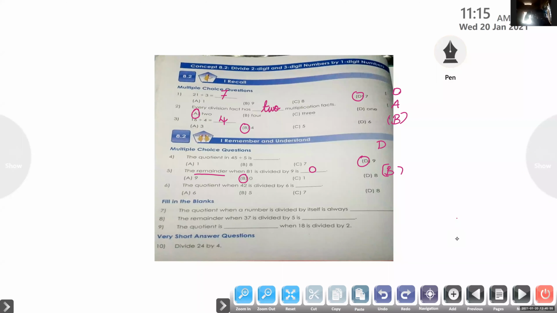Yes. What into 6 you get 42? 7. Others also please respond. 7 into 6 is equal to 42. So from this, 42 divided by 6 is equal to how much? 7. So all of you can write 7. Option C.